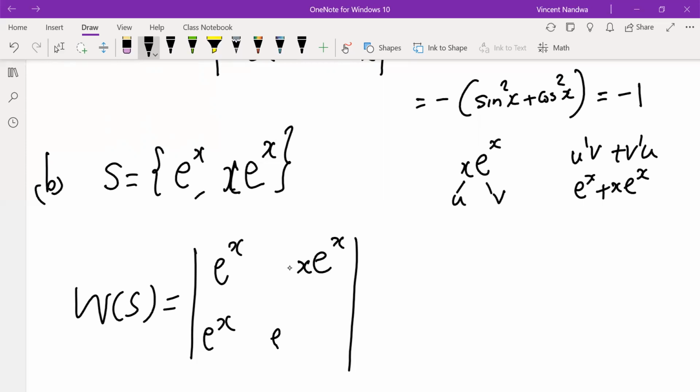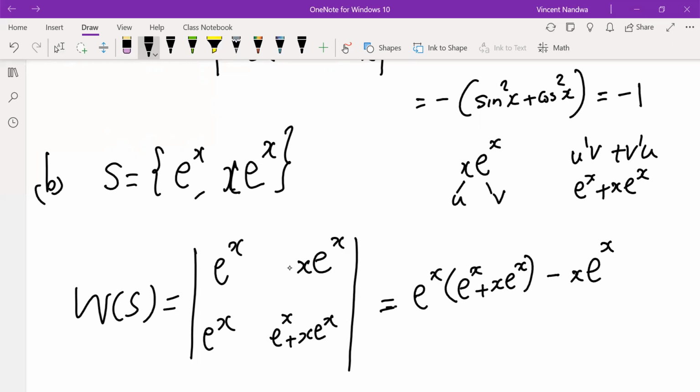So this will be e^x plus x e^x, which will be e^x, the product of elements along the main diagonal, plus x e^x minus this product, x e^x multiplied by e^x.